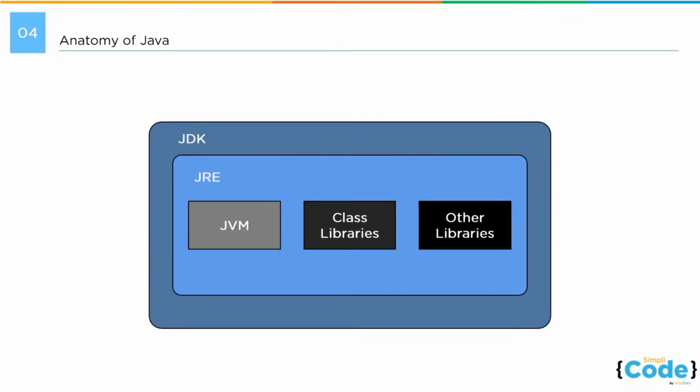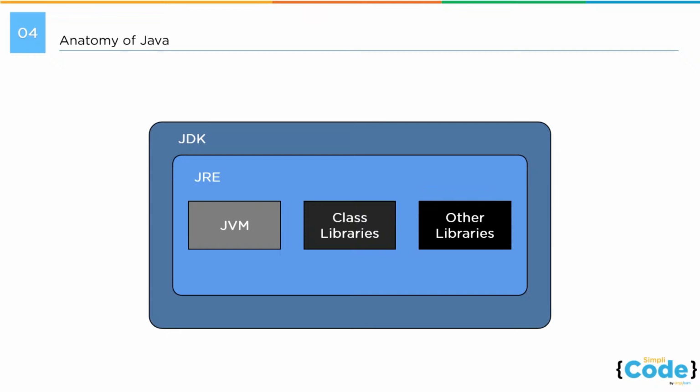Now let us spend some time to understand the anatomy of Java. So once you download Java and install Java on your local machine, you will hear the term JDK. Actually, we'll see that in the next lecture, that when you try to download Java, it will say JDK download. JDK stands for Java Development Kit. So the Java Development Kit is the installation of Java.